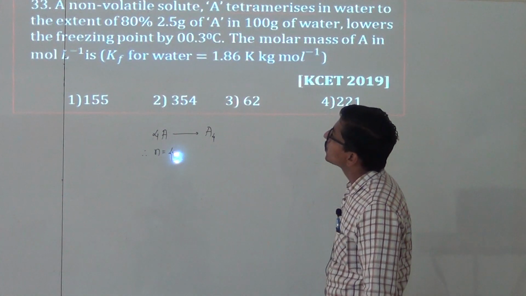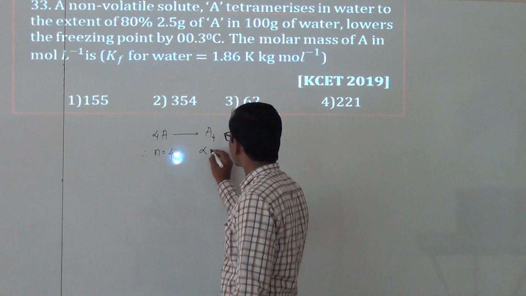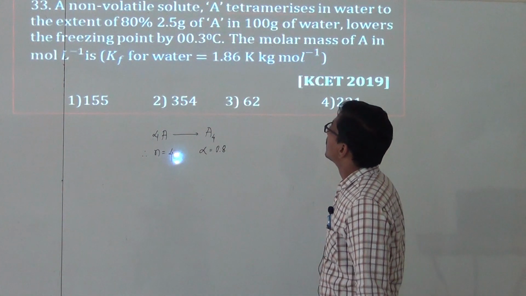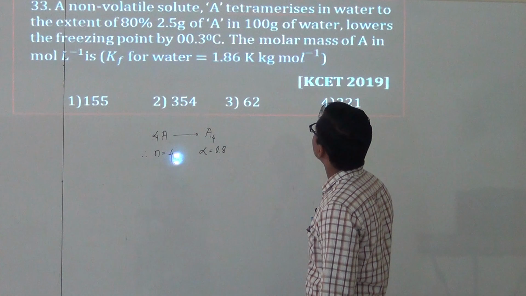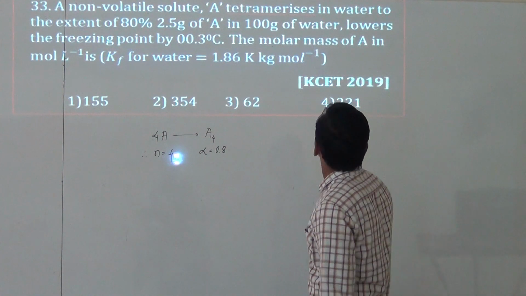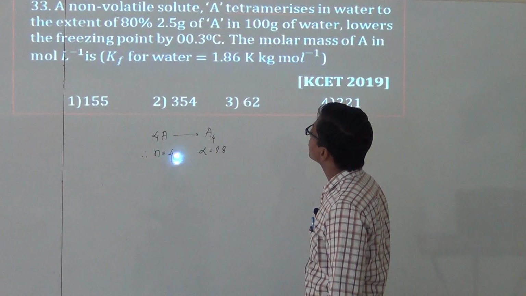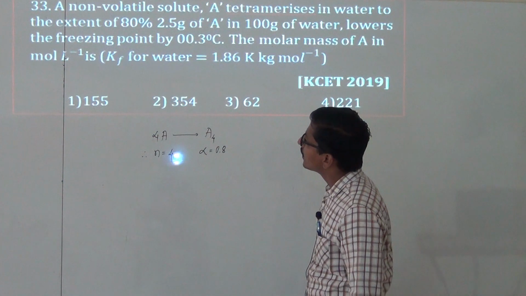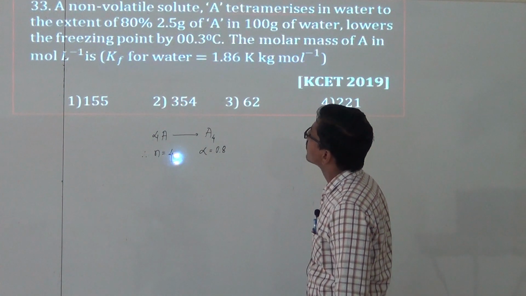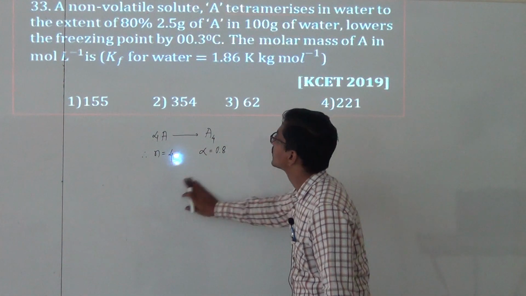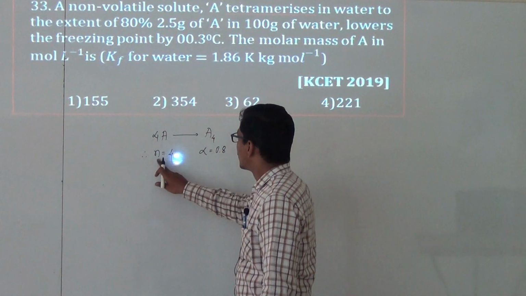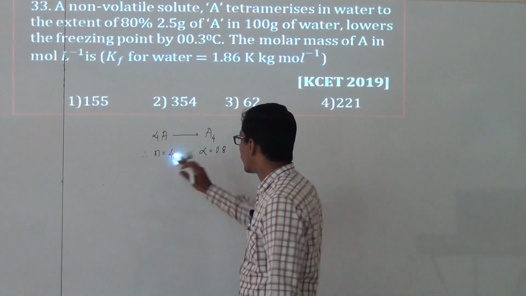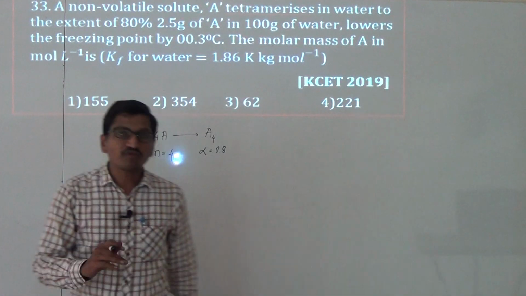It tetramerizes in water to the extent of 80%, which means the degree of association is 0.8. 2.5 gram of A dissolved in 100 gram of water lowers the freezing point by 0.3 degrees Celsius. The molar mass of A is to be calculated. Here n value is 4 and alpha is 0.8, and from these values first we have to calculate the van't Hoff factor.